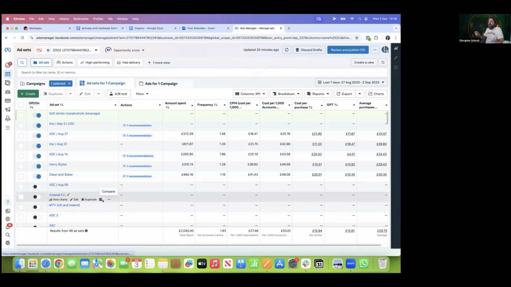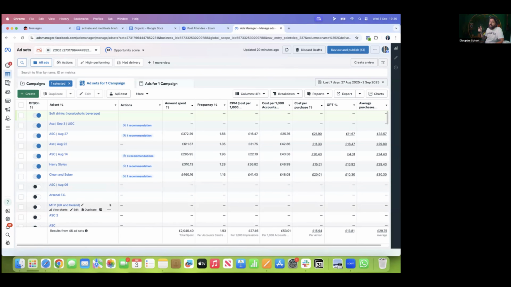But your number one problem in your business is, can I spend more? The easiest way for you to spend more money and be more profitable is looking at this GPT metric. What do you actually make per sale? Because the difference between the performance of different ad sets is so dramatic because the AOVs are different. And if you understand how to attract the attention of higher value buyers, you can afford a higher CPA.